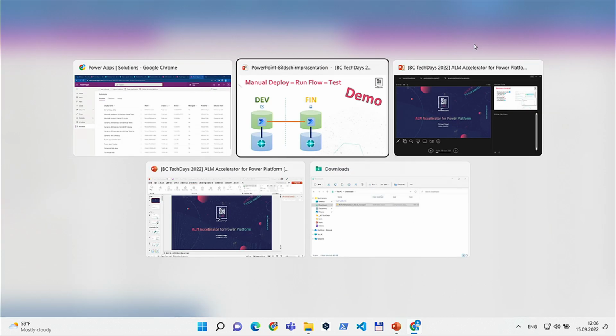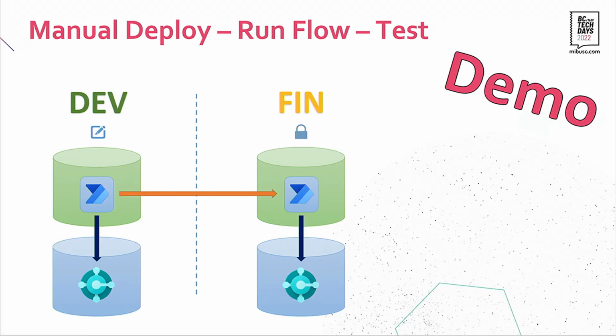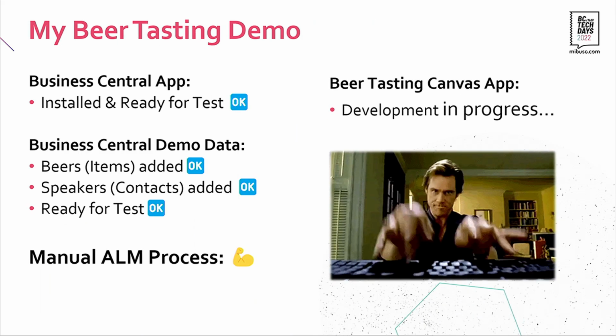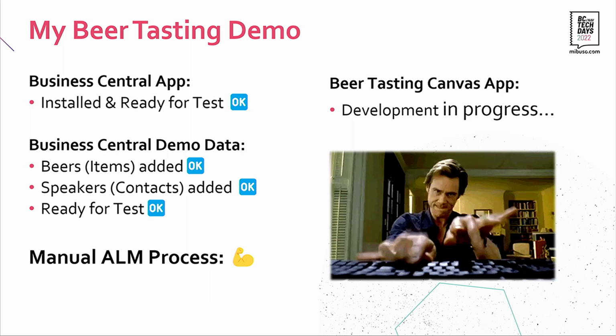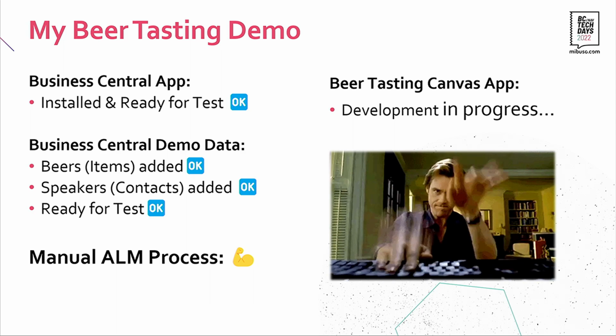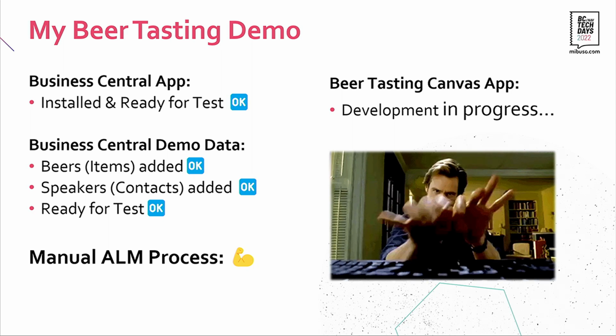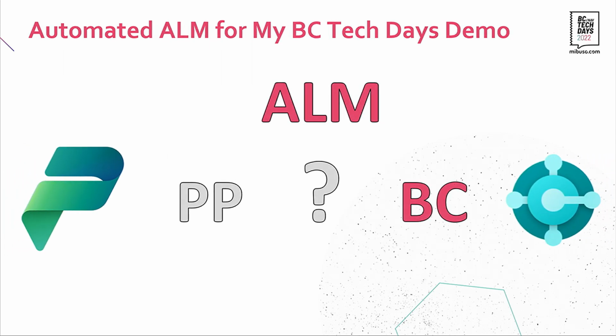Well, overall, this is a good process, but it is still manual. My current Power App is still in production. It will come into play later. It is a kind of application lifecycle management because I do something manually.